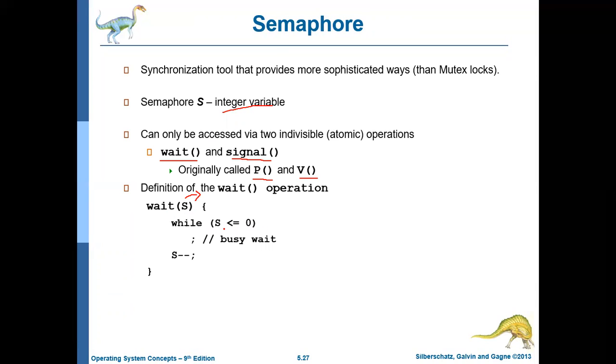If S is less than or equal to 0, then the process which called the wait will be in busy wait or spin lock. If S is not less than or equal to 0, then S will be decremented by 1. So this is how the wait instruction of semaphore is implemented.